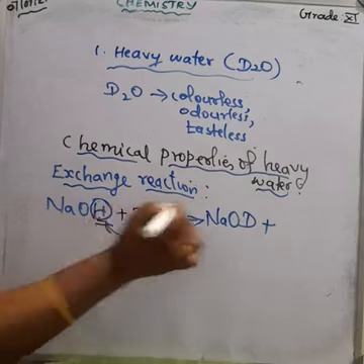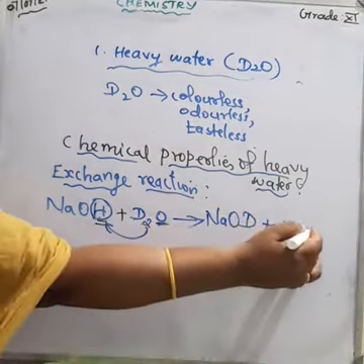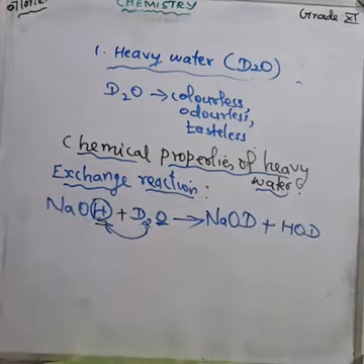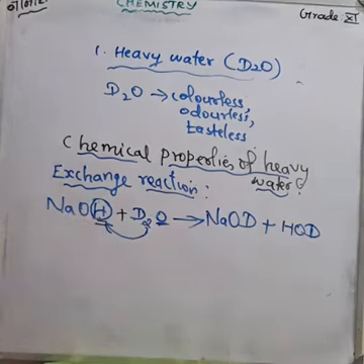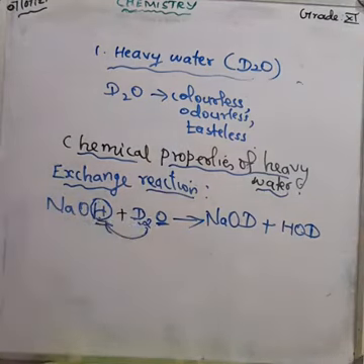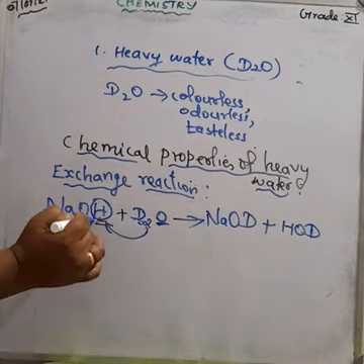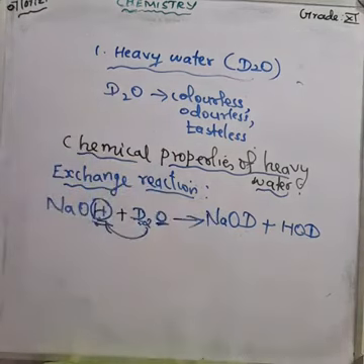Here one hydrogen, one oxygen and one deuterium. So we get HOD. One deuterium in the heavy water is replaced by the hydrogen atom in the NaOH compound.